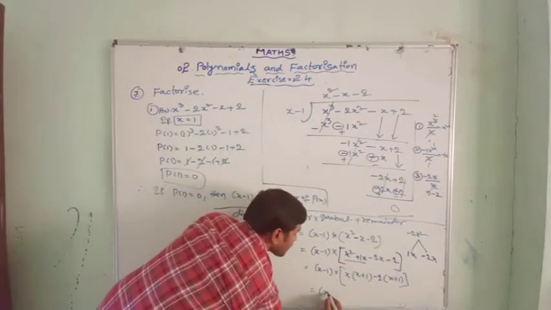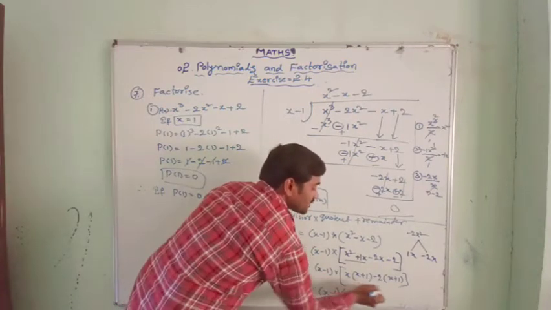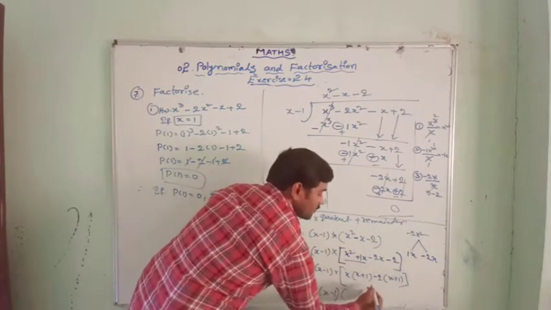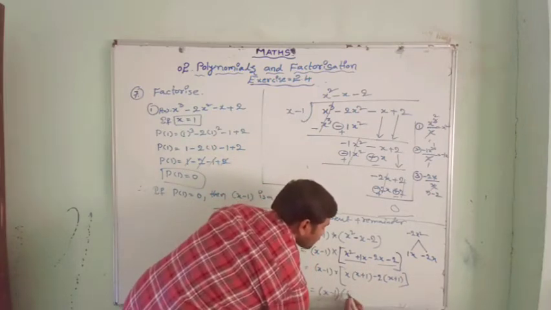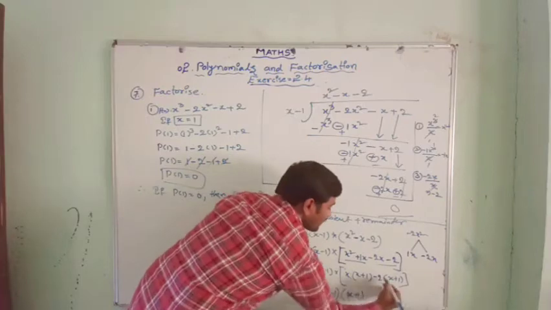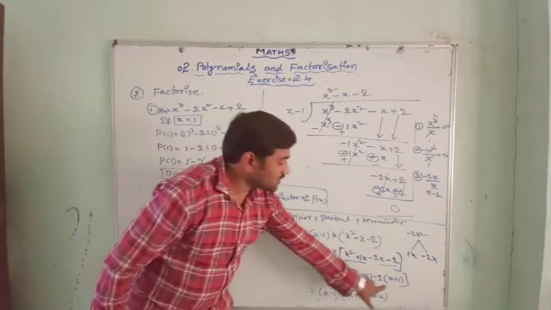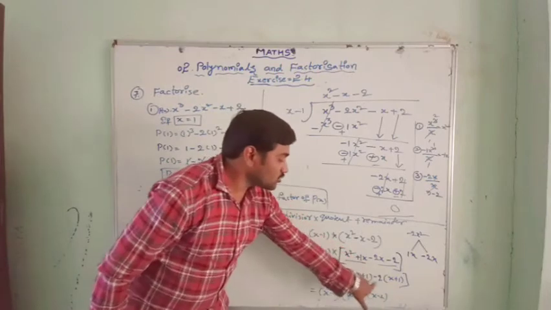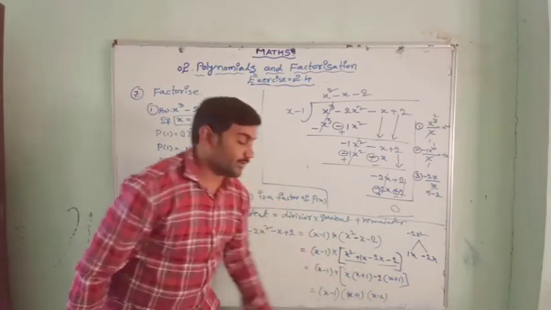So at last we got x minus 1, and x plus 1 is the same in both. So x plus 1 I took as common here, then x minus 2 is left over.